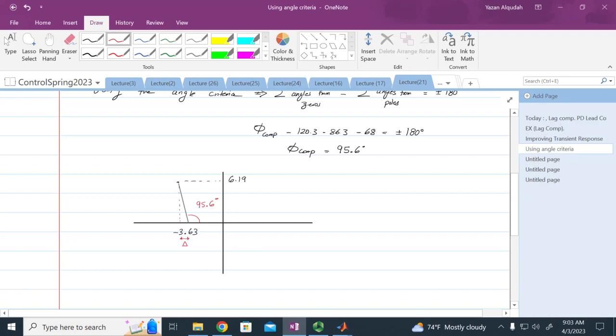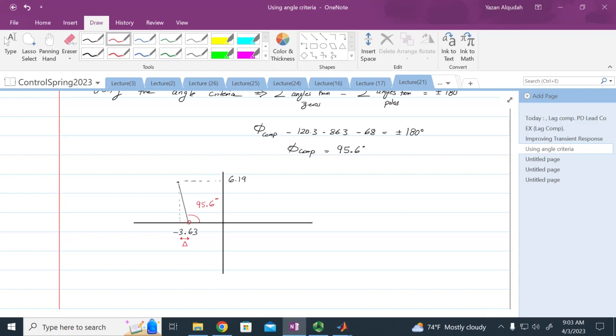How do I find the location of this zero? I take this angle here, which is 180 minus 95.6.